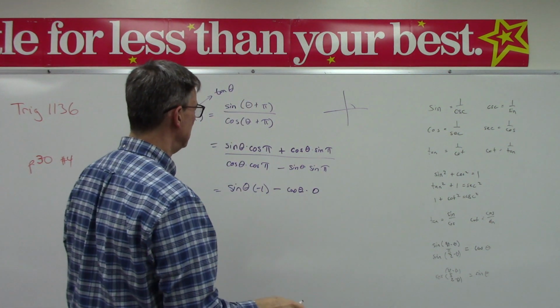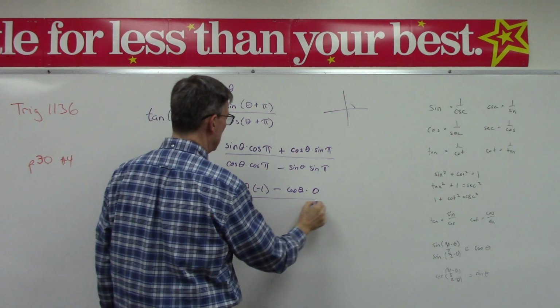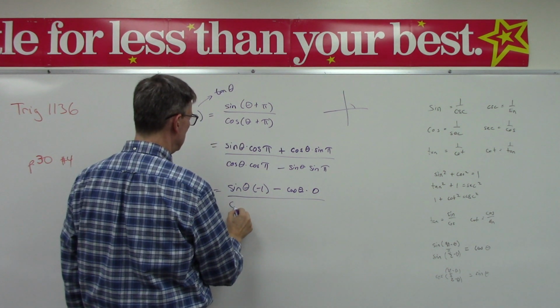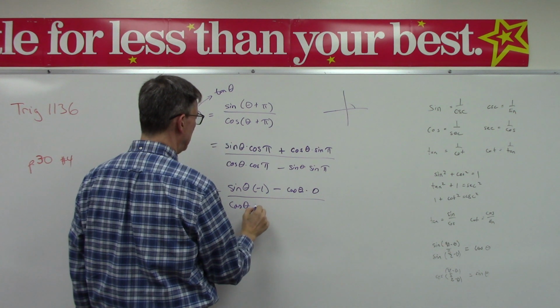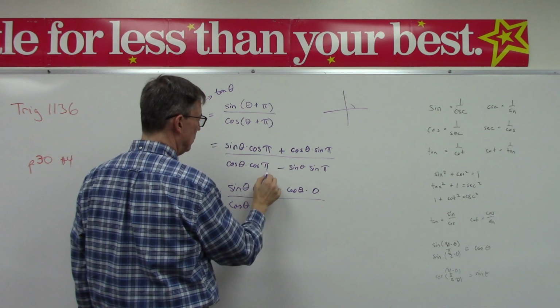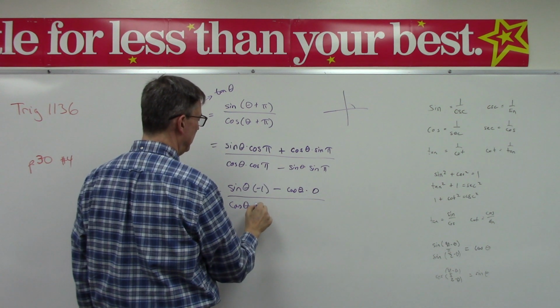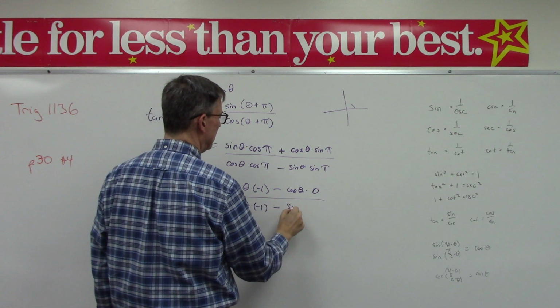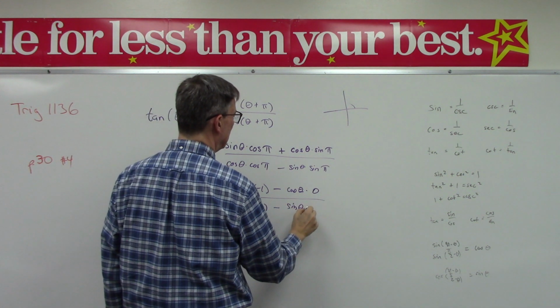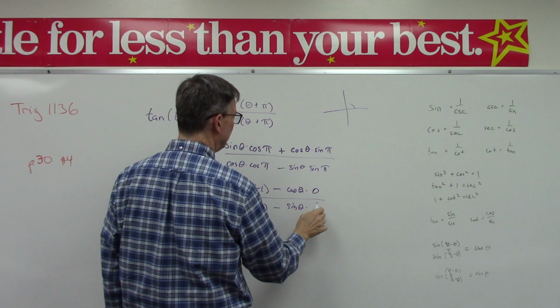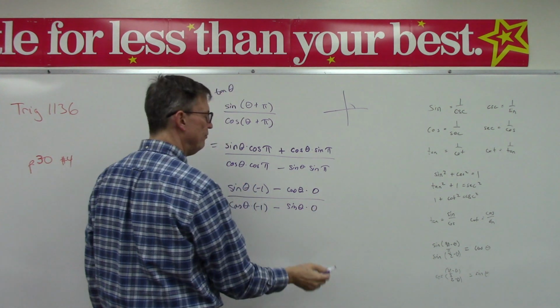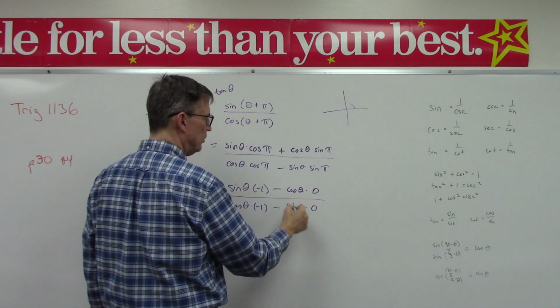So times 0. And then this is over the cosine of theta times, again, the cosine of that is -1, minus the sine of theta times 0. Well, anything times 0 is just 0.